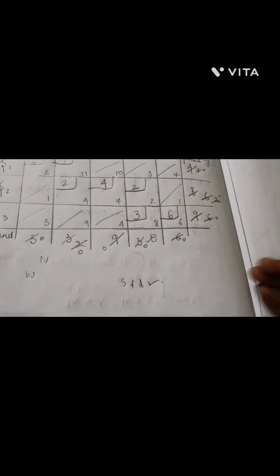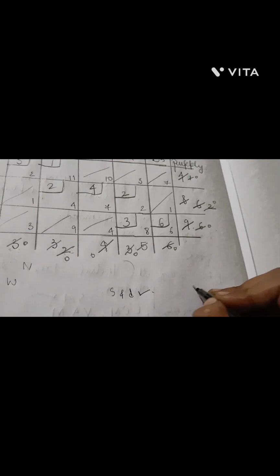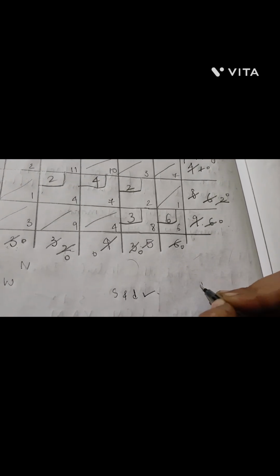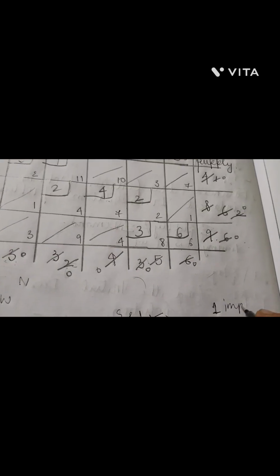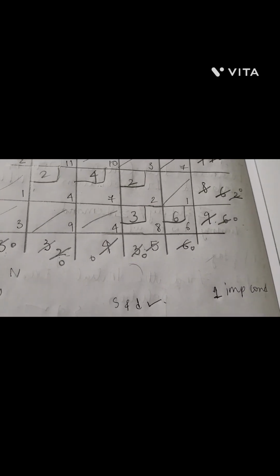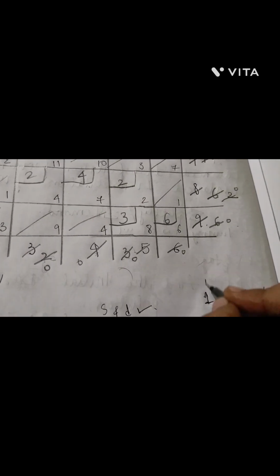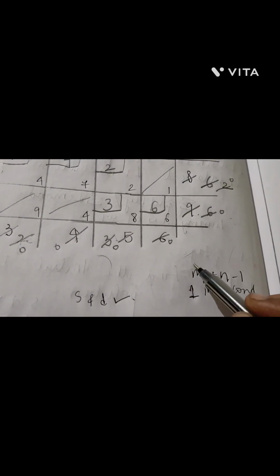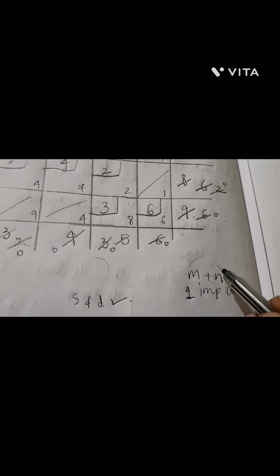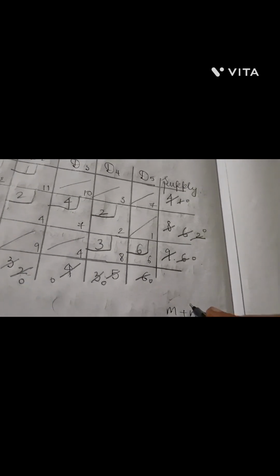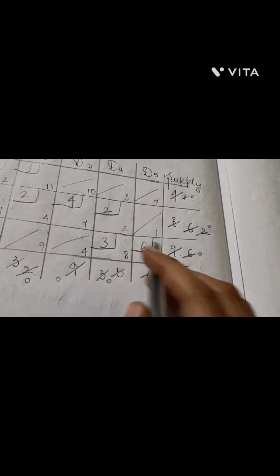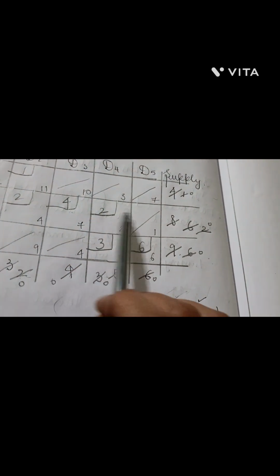So now before finalizing our solution, there is one important condition that we need to check, that is m plus n minus 1. Here m represents the number of rows, which means the number of sources, and then the n represents the number of columns, which means the number of destinations.